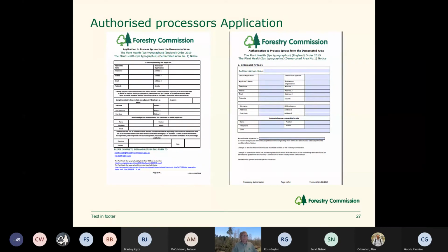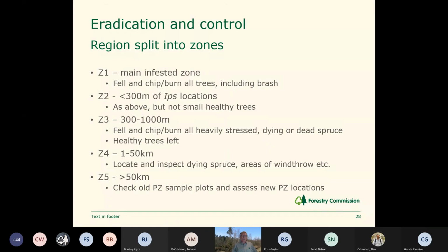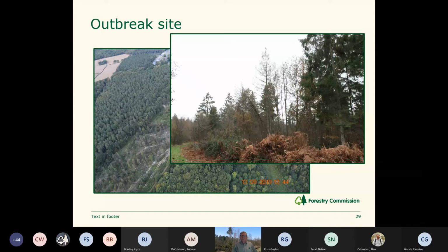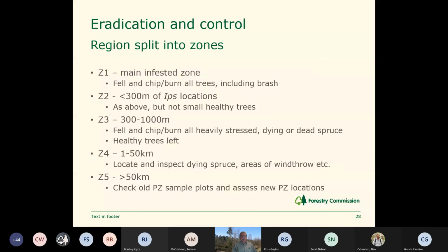I've got a few minutes, so I'm going to run very quickly into a little bit of discussion about the eradication process. I referenced earlier the immediate response to determining the infestation, this is an aerial view of the site, which was to determine the extent of opportunity for the beetle in the immediate environs.